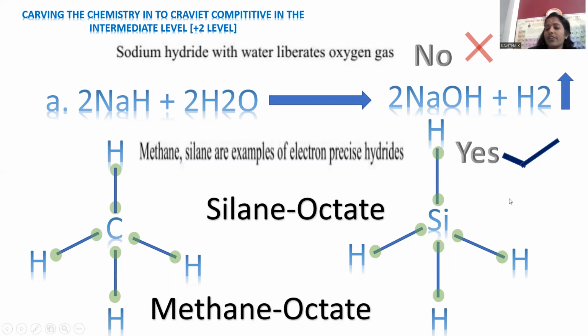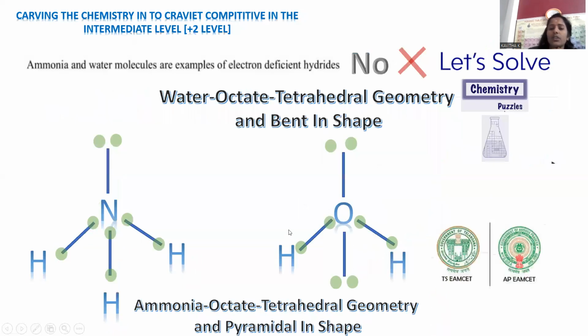Around the silicon you can find 4 hydrogens in the tetrahedral corners and 8 electrons, so silane also has an octet. Hence we can say both are examples of electron precise hydrides, where electrons are sufficiently bonded. Octet is the stable configuration for any kind of compound. Acquiring an octet gives more stability, so both are electron precise hydrides only.